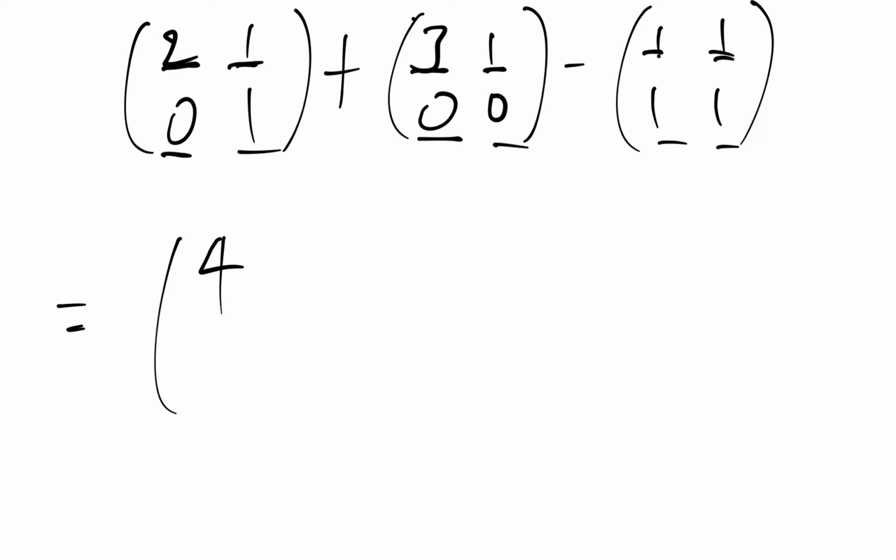Minus 1, that's a 1. 0 plus 0, it's a 0. Minus 1, it's a negative 1. 1 plus 0, that's a 1. Minus 1, you get 0. Yeah, that's how you do matrix addition and matrix subtraction.